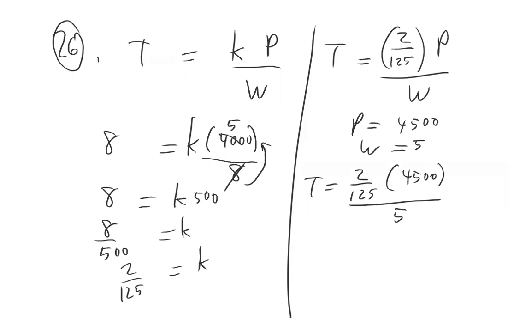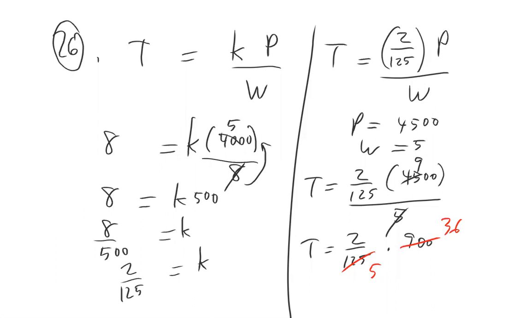So let's see. First of all, 5 goes into 4,500. 5 goes into 45 9 times. So that would be t equals 2 over 125 times 900. And then, let's see, 25 goes into 125 5 times, and 25 goes into 900 36 times.